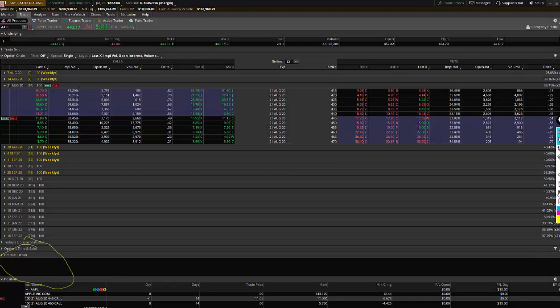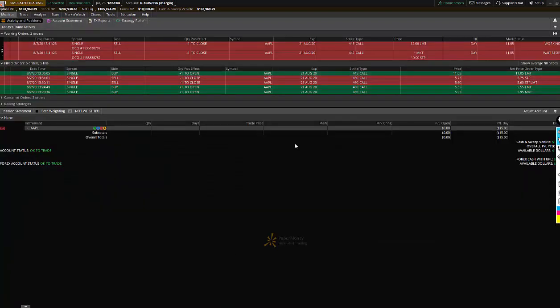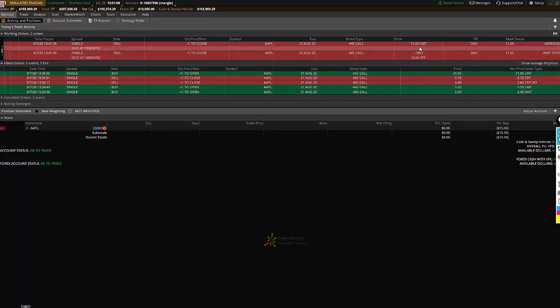Always, after you do this, make sure that I put it in correctly and I'm working what I think I want to work. Again, go to the Monitor tab. The Monitor tab is saying, okay, I have a $12 limit out there, and this thing is trading between 11 and 11.05. So obviously my $12 limit is not going to get hit. I also have this stop order out there.